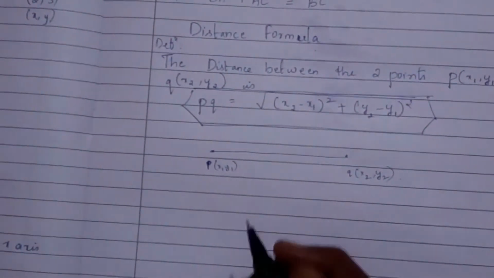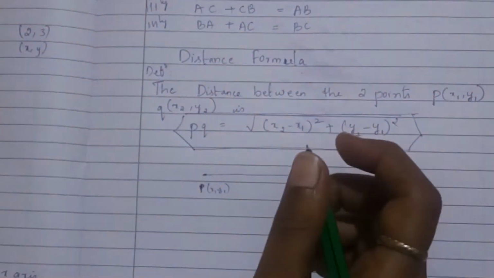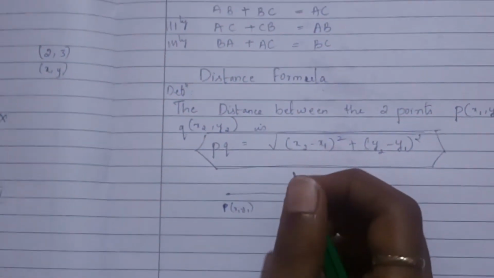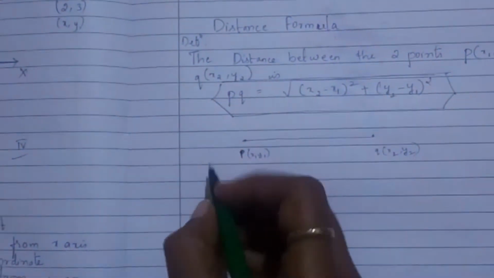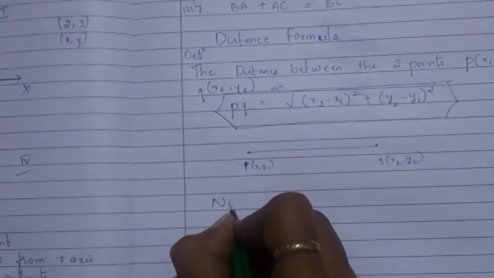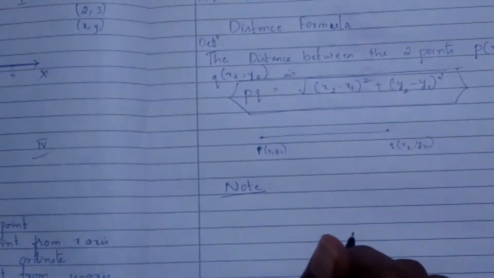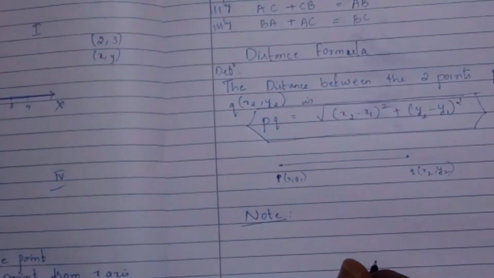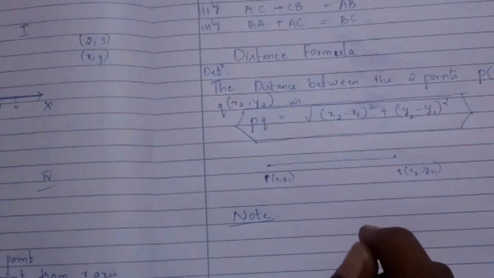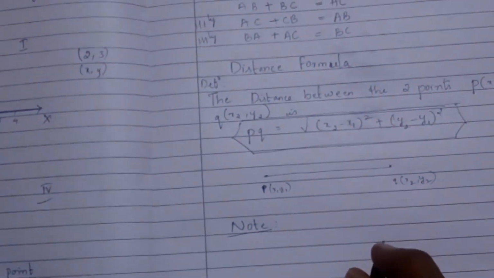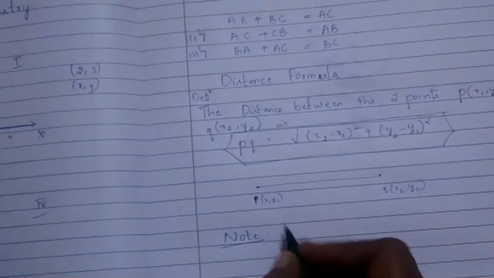Before starting the exercise problems, we need to learn some basic concepts. That is, let's consider a note. You studied this in previous classes, in the factorization chapter. This is a very important thing to solve a problem.